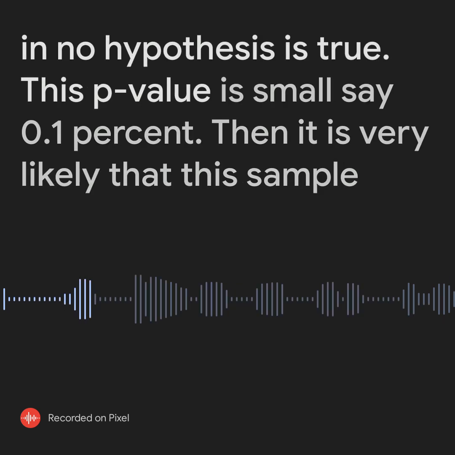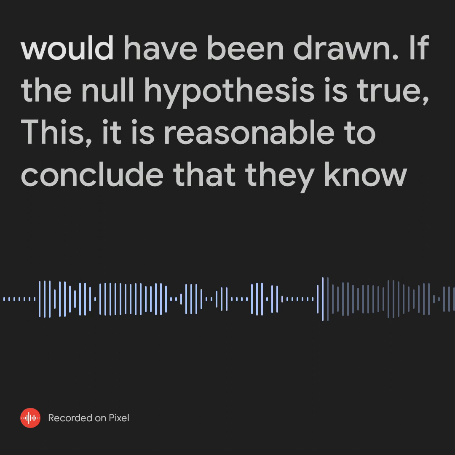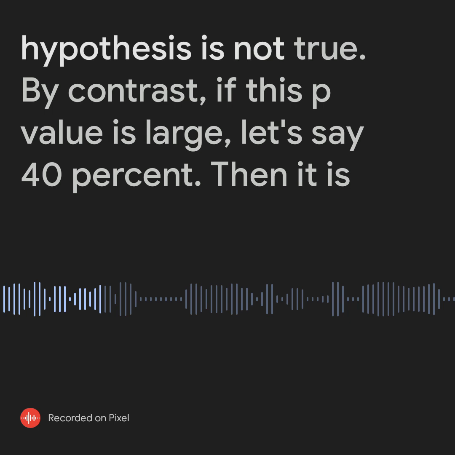If this p-value is small, say 0.1%, then it is very unlikely that this sample would have been drawn if the null hypothesis is true. Thus, it is reasonable to conclude that the null hypothesis is not true.